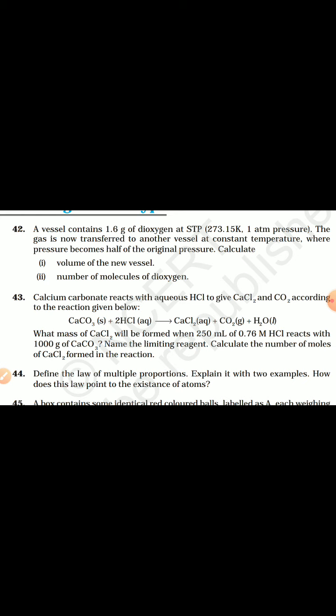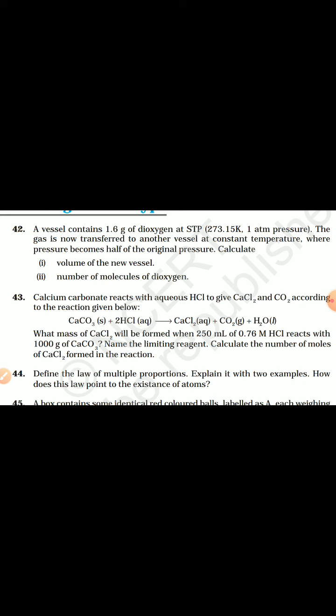P1 is equal to 1, T1 is equal to 273, and the volume V1 we have to find out. As we know, 32 grams of oxygen occupies 22.4 liters of volume at STP. Hence 1.6 grams of oxygen will occupy 1.6 into 22.4 divided by 32, that is equal to 1.12 liters of volume.